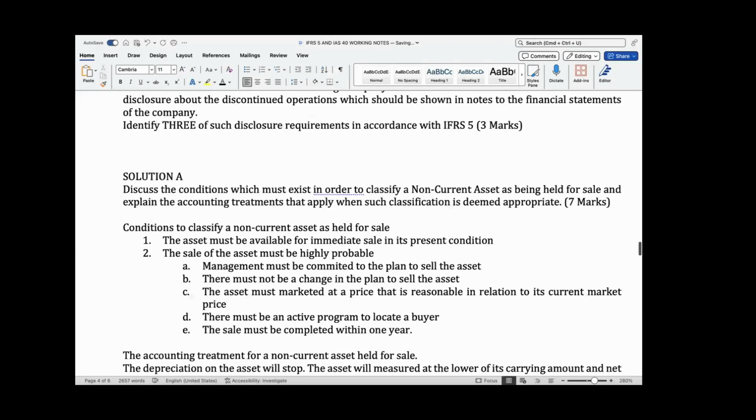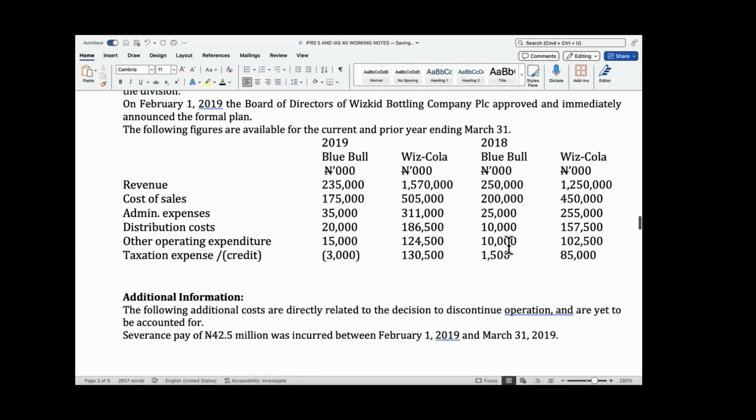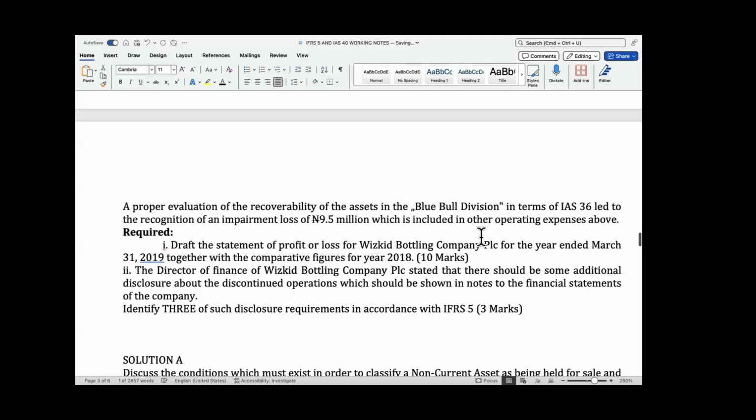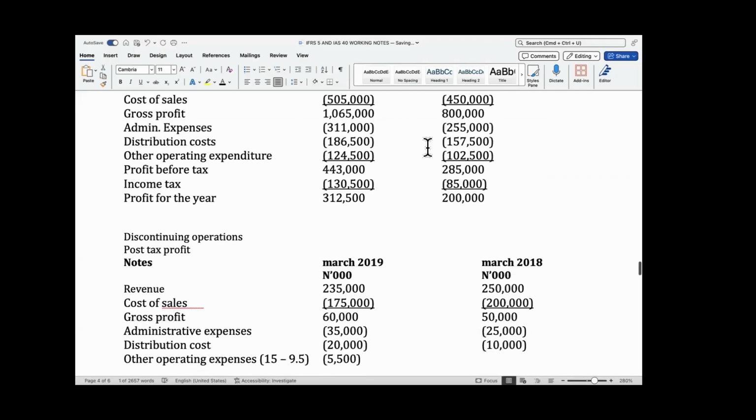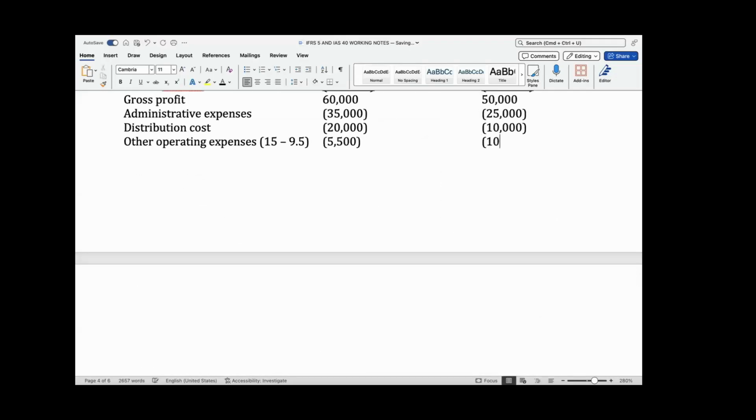And for the previous year, this is 10,000 as well. Just present that impairment loss separately here, and also the severance pay of 14.5.